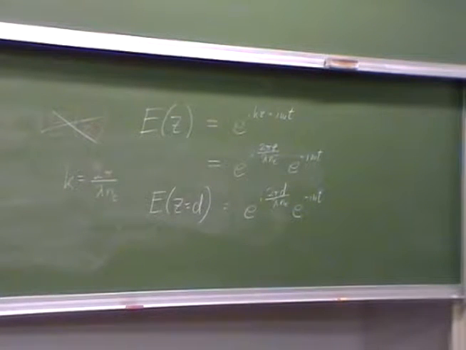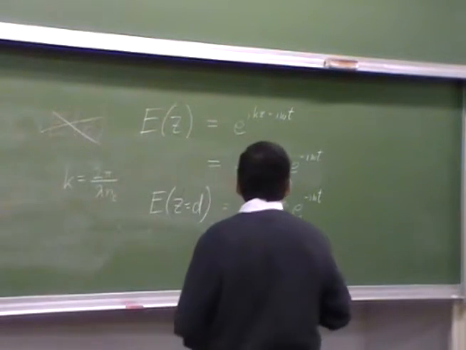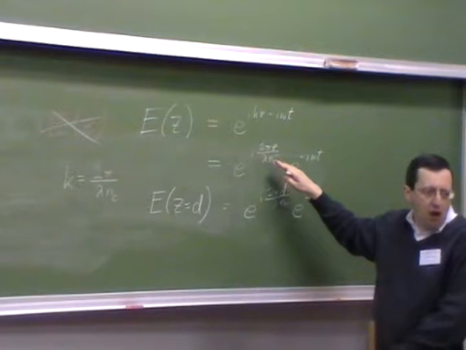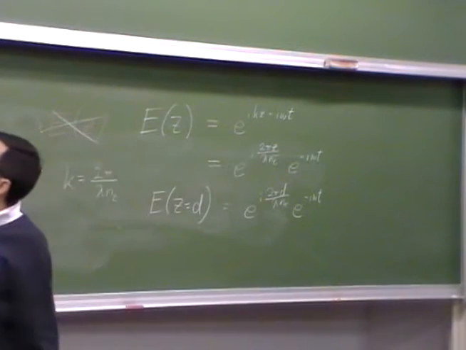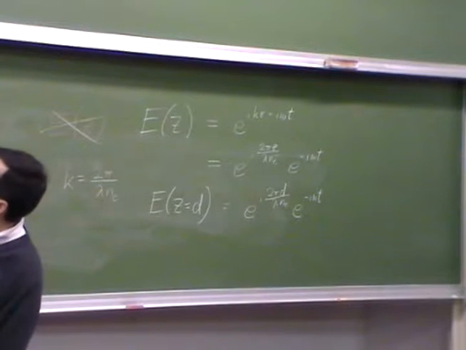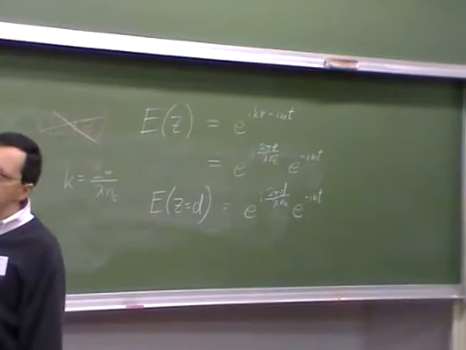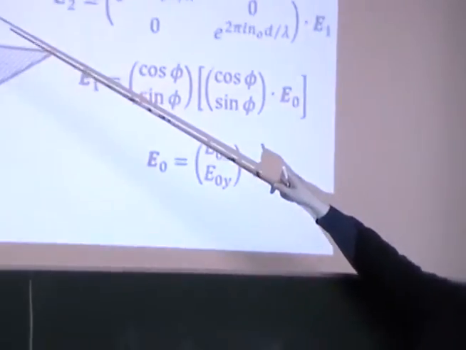For light that's polarized in the y direction, you do the same thing, but the relevant index of refraction is n_o. So you let the y component advance by this factor. Now you reach the analyzer.